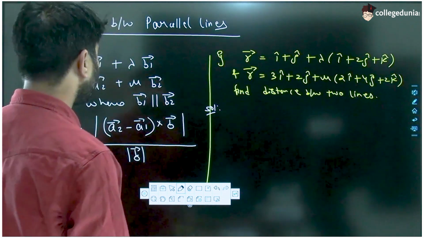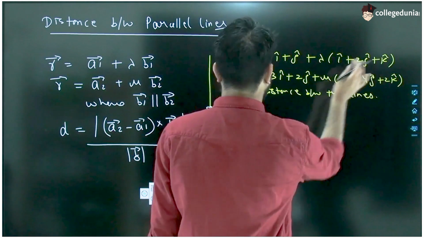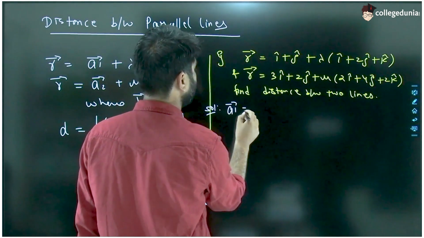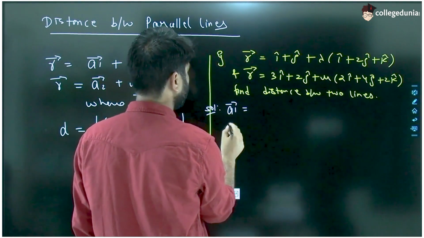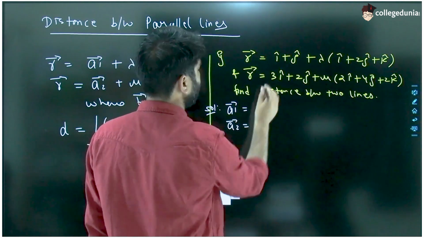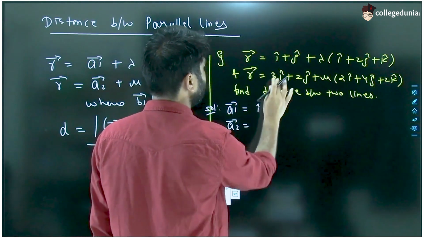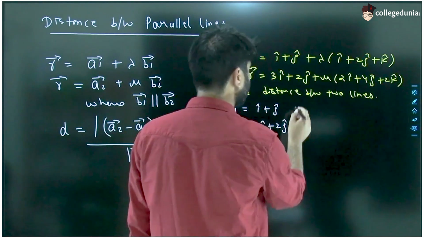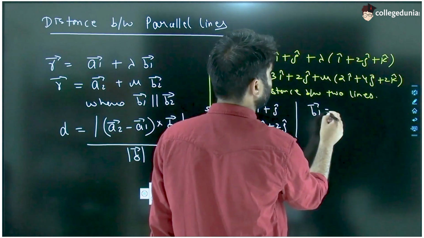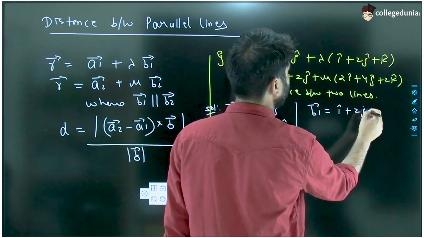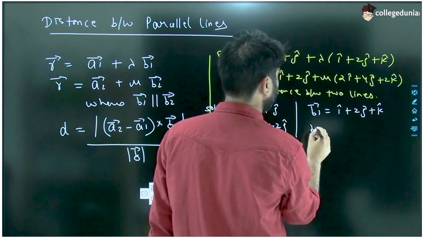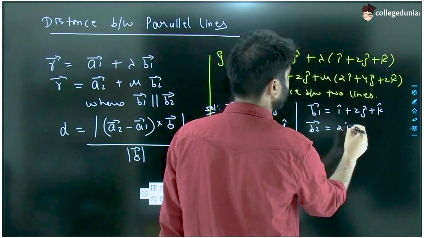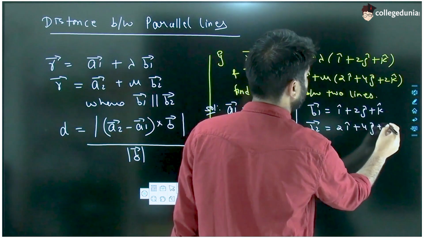Okay. So for that, we will first of all write the values of a1, a2. a1 is i plus j and a2 is 3i plus 2j. Okay. b1 vector is i plus 2j plus k, and b2 vector is 2i plus 4j plus 2k.